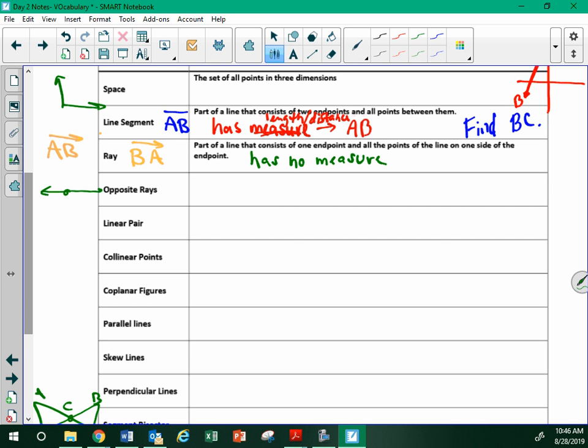So we can see that pretty much makes a line, right? So two rays with the same endpoint that go in opposite directions. And they truly have to be opposite and that it forms a line.